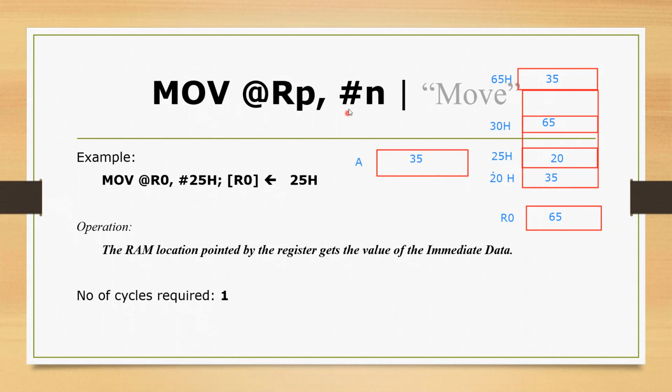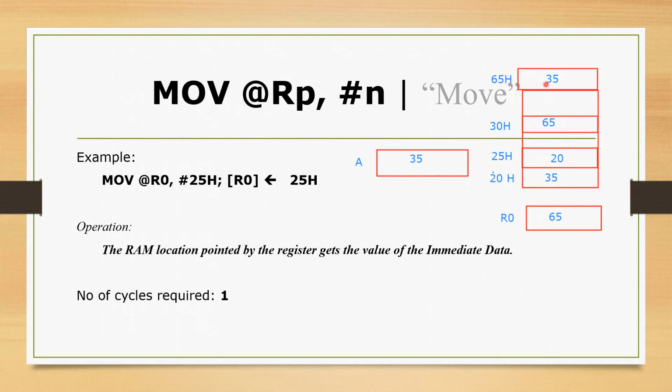Move @RP comma #n, that is we are loading an immediate value to a location that is pointed to by the RAM register. So here you can see the example, move @R0 comma #25 hex. The content of R0 is 65, so R0 is pointing to the memory location 65.